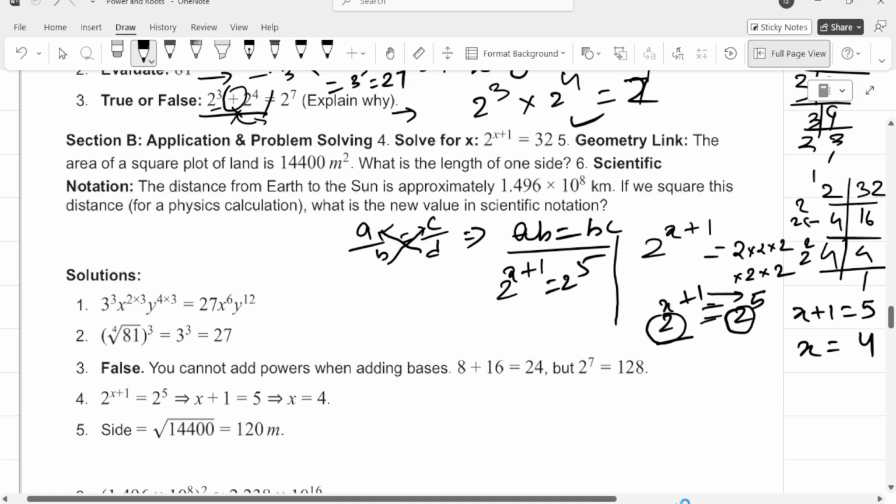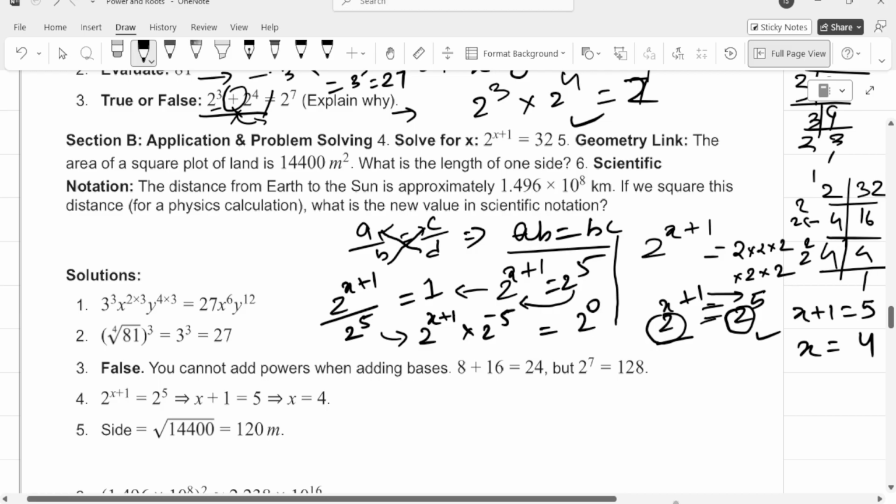So what did we discuss? Here we have 2 to the power x plus 1 in the numerator and 2 to the power 5 in the denominator. Then the denominator comes into multiplication as 2 to the power minus 5, and 1 we can note down as 2 to the power 0.